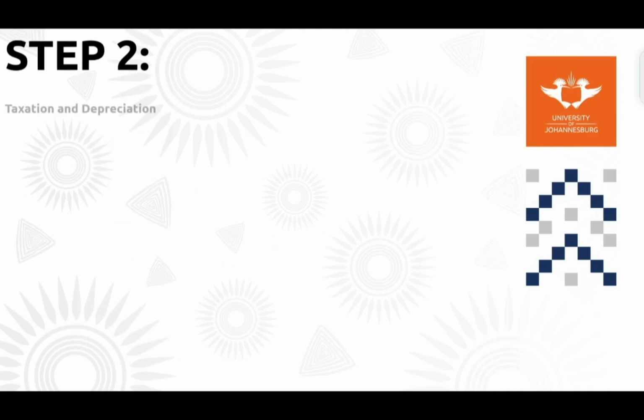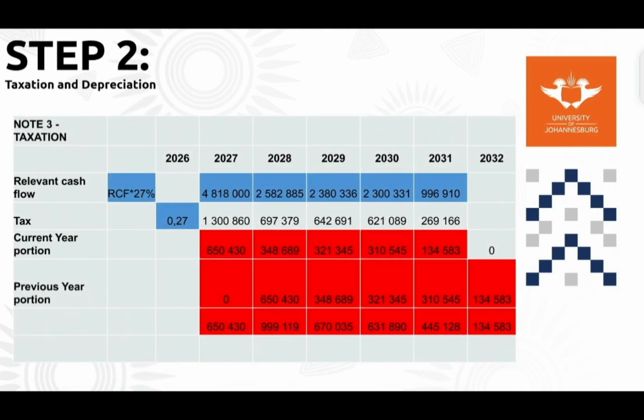So then the next step is calculating tax, right? So we will take our relevant cash flow, multiply it by 27%. You will get this value over here. And then remember, they told you that you only pay half this year, half of the year you incurred.